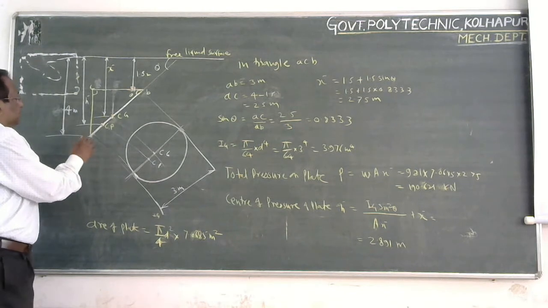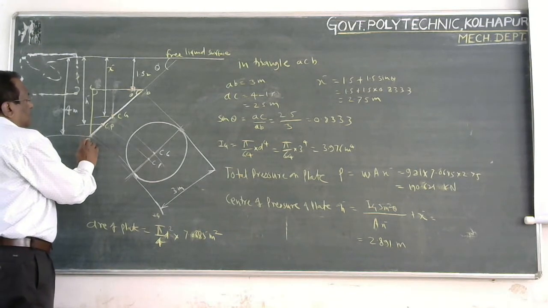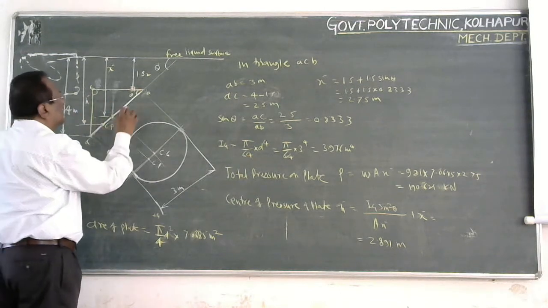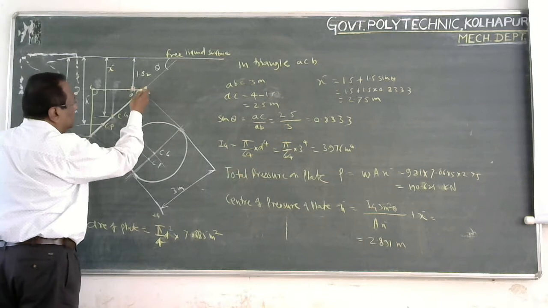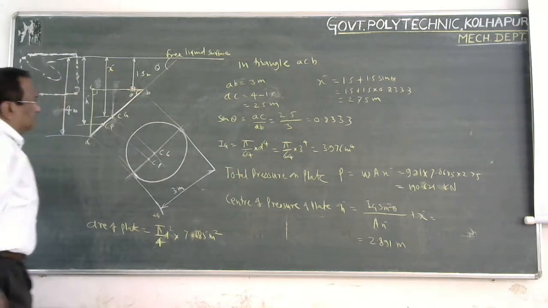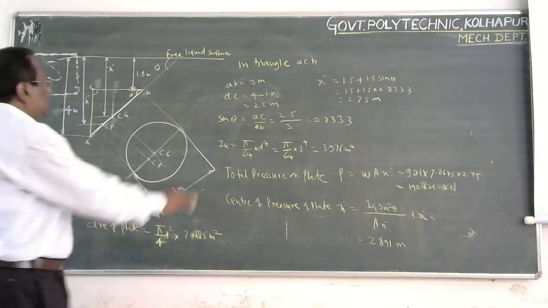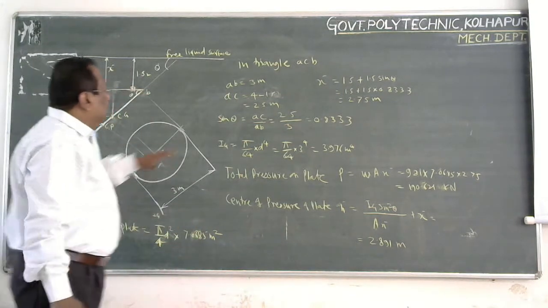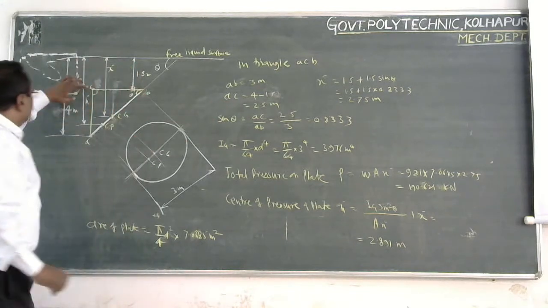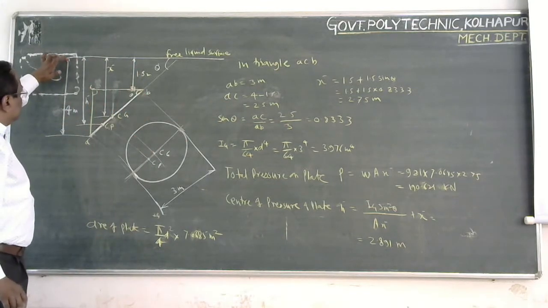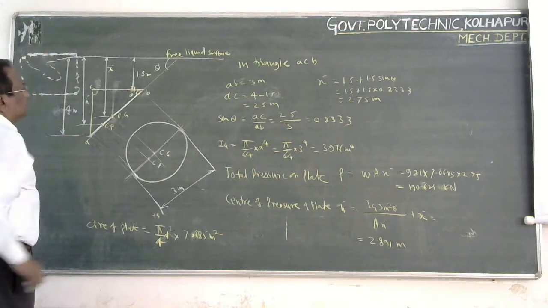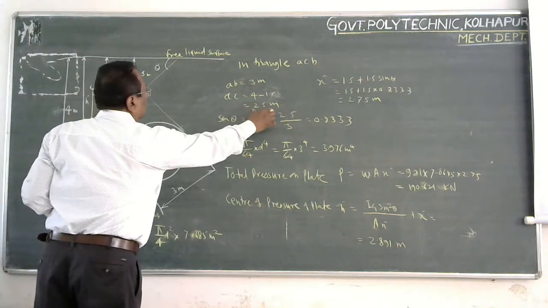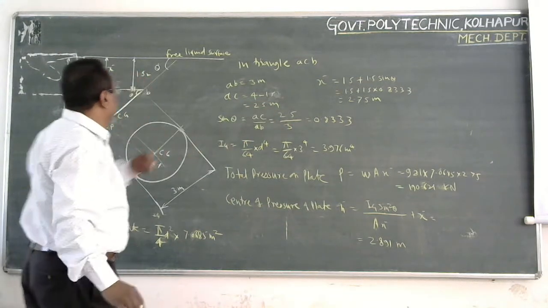Let us make a triangle ACB where angle C is 90 degrees and theta is the angle made by this plane with the free liquid surface. AB is equal to 3 meters, that is the diameter of the circle. AC is equal to this total 4 meters minus this 1.5. 4 minus 1.5 comes out to be 2.5.